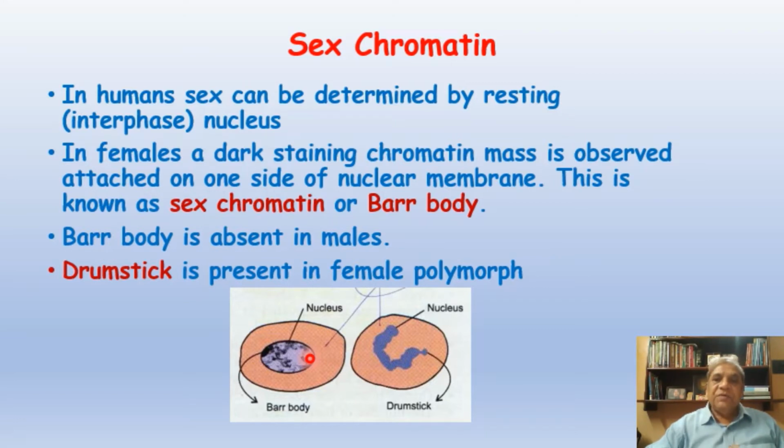Suppose he had been observing the nucleus of some other tissue of the body which is not as euchromatic as a neuron, then it would not have been possible for him to observe the Barr body, because most nuclei in other tissues are a mixture of heterochromatin and euchromatin, where heterochromatin predominates. So he was lucky because he was looking at the nucleus of a neuron.